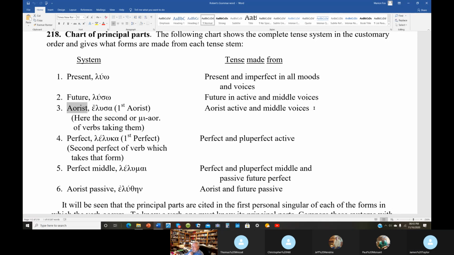The middle and the passive are different forms in the aorist and future. That's the only two that are different forms. So it's going to cover the active and the middle, but it won't cover the passive. Aorist passive is down here at the bottom. Okay. So let's go over and look at our paradigm chart. Unless there are questions. Any questions before I go away from this?